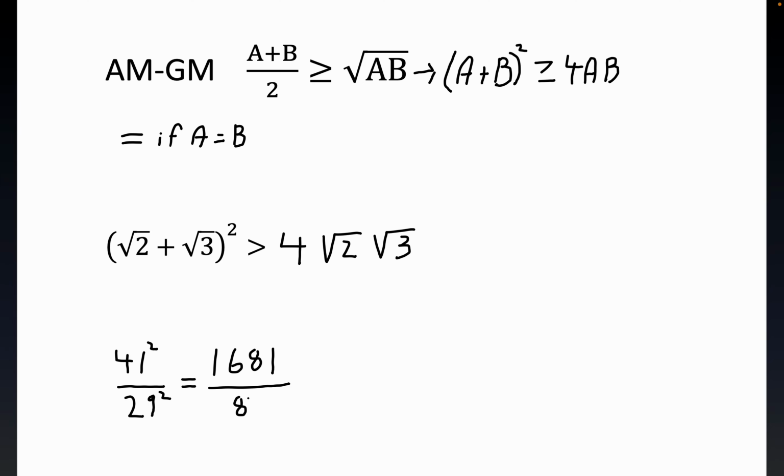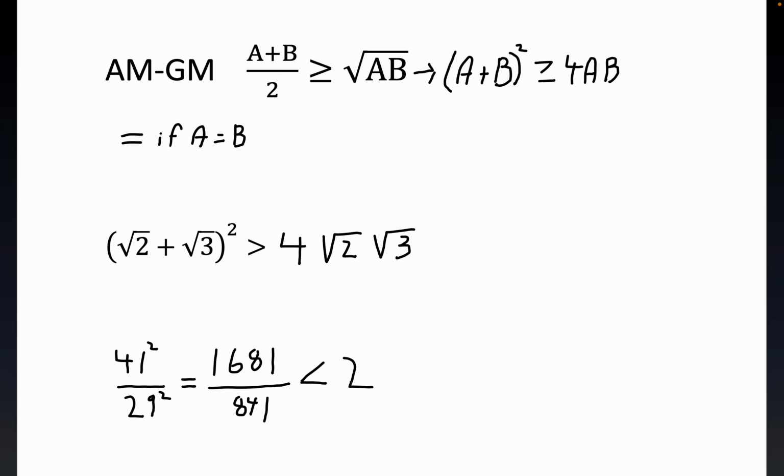Notice that 2 times 841 is 1682, right? And so you can see that this object right here is definitely less than 2, right? Now again, just a lot of guessing and testing here, knowing that I needed something squared over something squared.